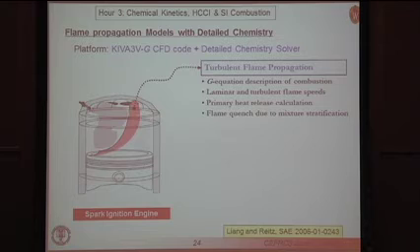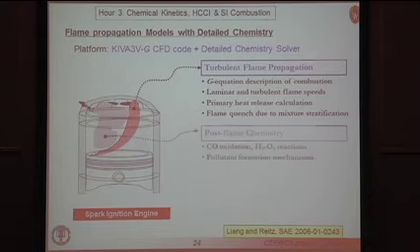So basically, the turbulent flame propagation problem will be solved by monitoring the location of the flame with the G equation. This allows you to consider both laminar and turbulent flame speeds, as I'll discuss. And essentially, it's the primary heat release calculation. That's where most of the energy release occurs across the flame. The model also allows for flame quench when you have mixture stratification.